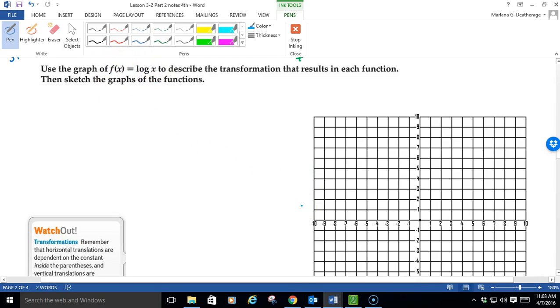So, you can use your calculator. Okay. So, let's get a graph for x, f of x. Then I'll tell you the transformation. Now, what would be the lowest number I would want to start with right here for my x value?